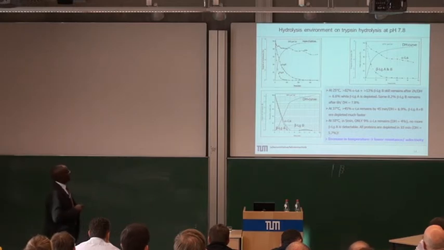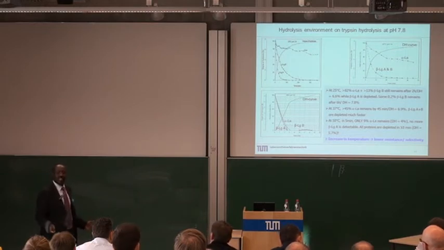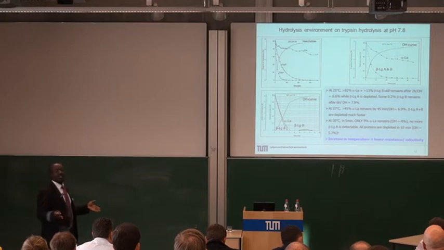If we double the temperature from 25 degrees Celsius to 50, bottom left, we see that in 5 minutes, all the proteins were digested, except 9% of alpha-lactalbumin. In 10 minutes, there was no more alpha-lactalbumin and no more beta-lactoglobulin.